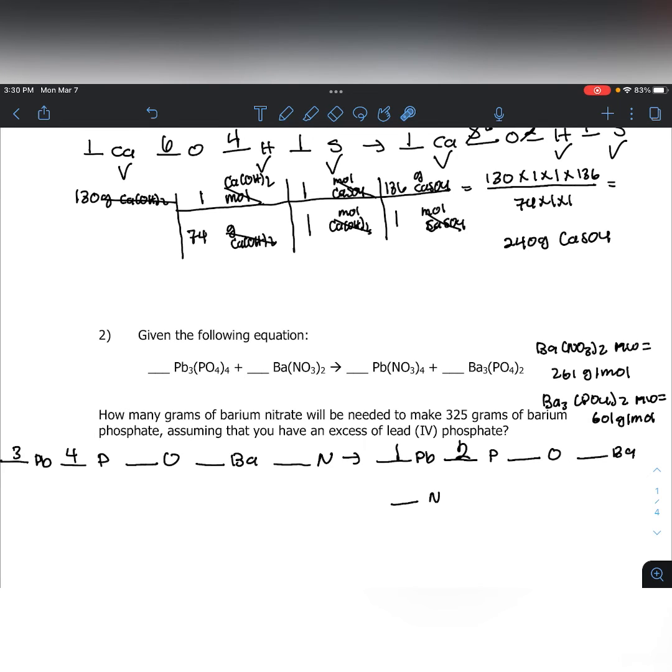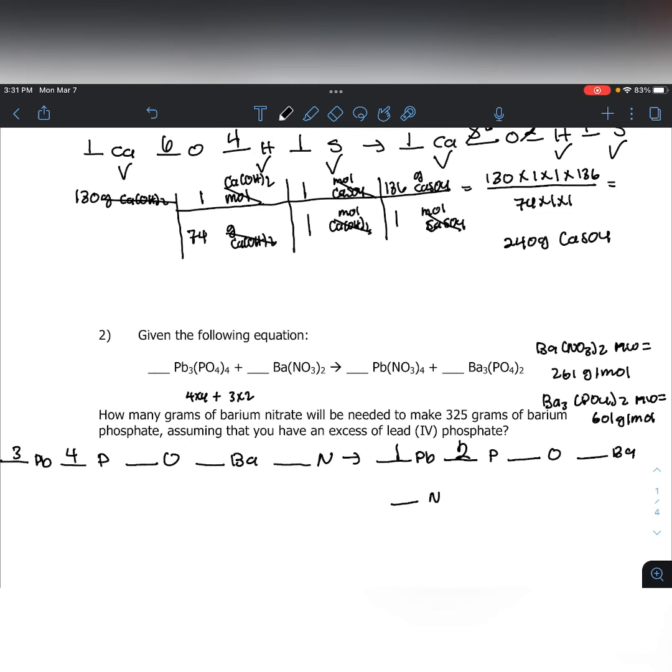Let's see how much oxygen we have. So we have 4 times 4 plus 3 times 2. Sometimes you just need to write these things out for yourself.